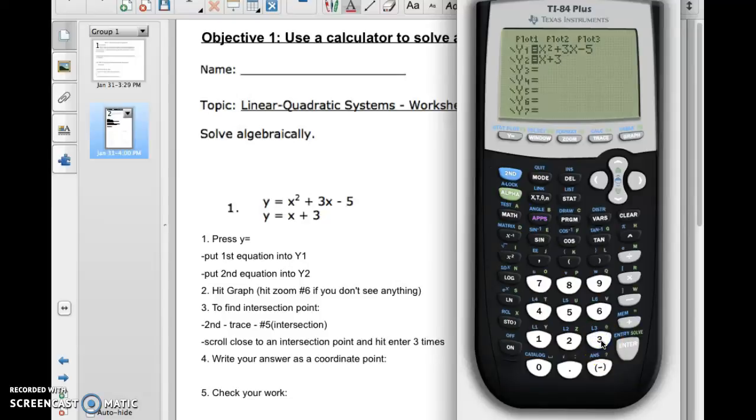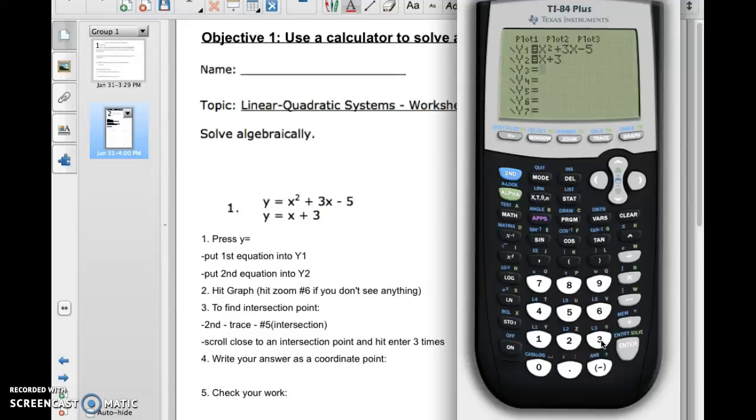So make sure your calculator looks exactly like mine. You may need to scroll up. If you've been using the same calculator recently, you may need to scroll up and turn this plot off if it's on. If this is highlighted like this, you need to scroll up and hit enter on that plot and turn it off. Your screen should look exactly like mine.